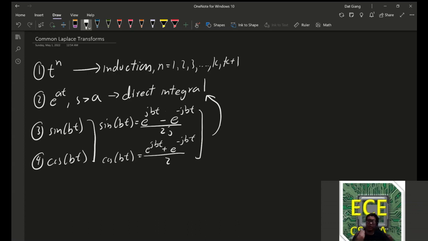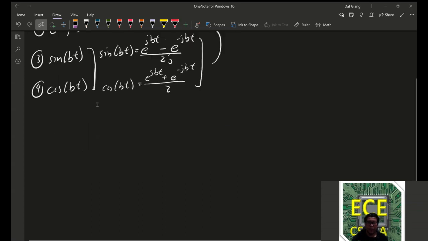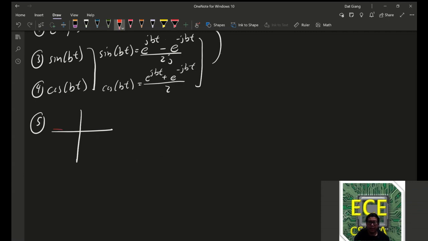Now, are these the only ones that we care about? Not really. There are actually a lot more. Number 5, we have the step function. The step function looks like this. Nothing at time t less than 0, but once it hits t equals 0 or greater, it is just a continuous rectangle.